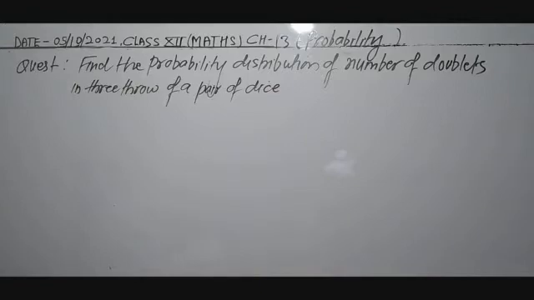So our question is, we have to find the probability distribution of the number of doublets in 3 throws of dice.